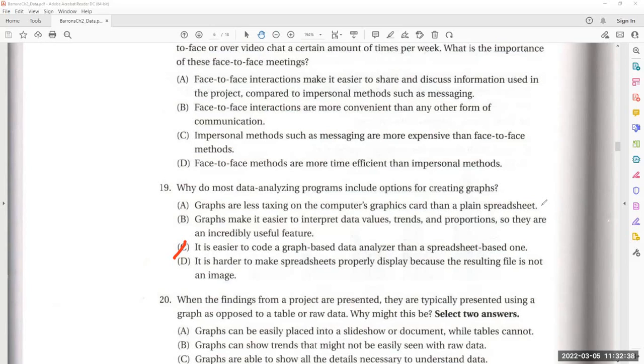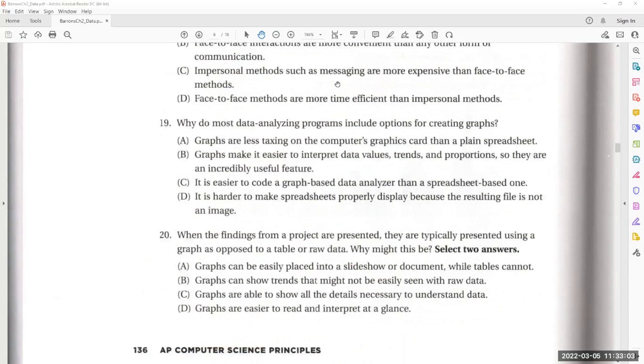So try again. C is not. You say C, right? I said B. Oh, you said B, okay. Yeah, it is better for trending, yes. Number 19 is B, okay. Sorry for that.